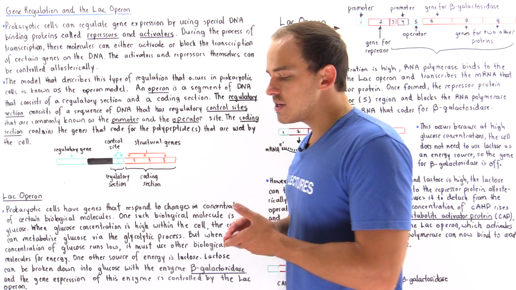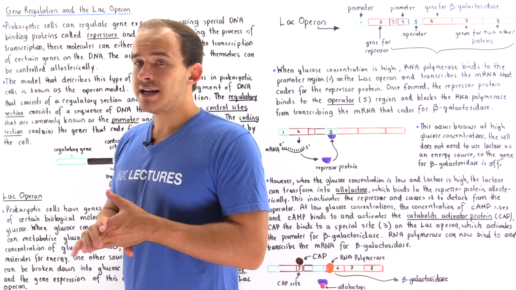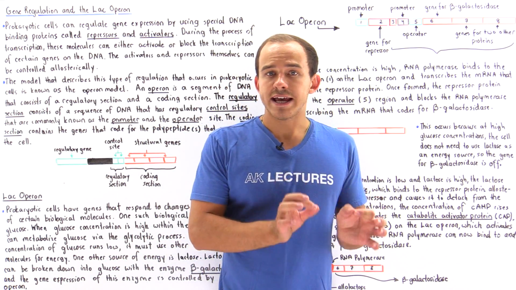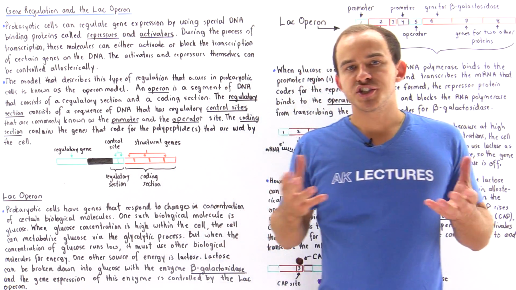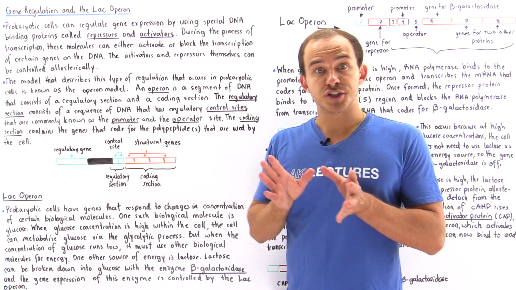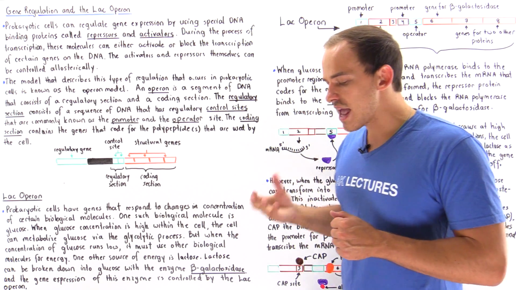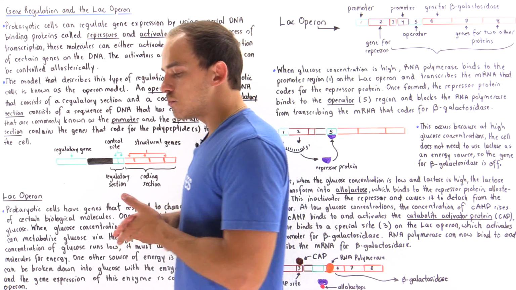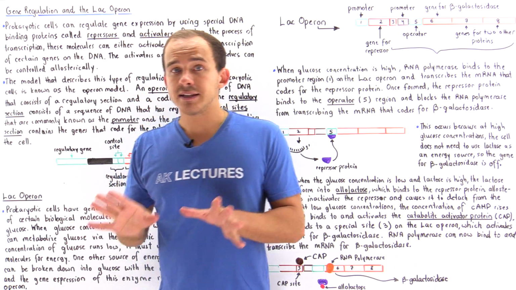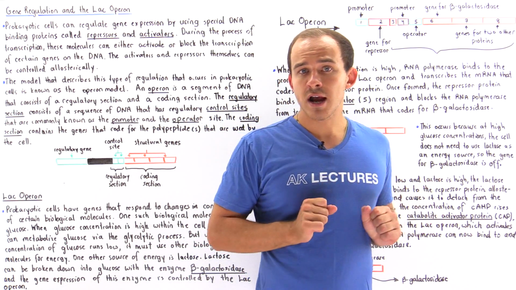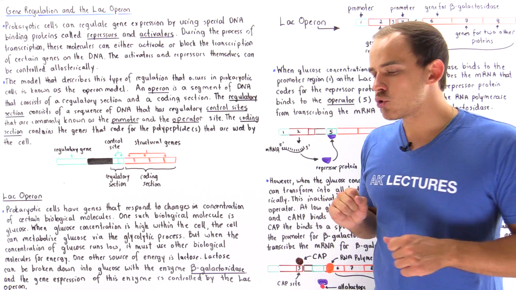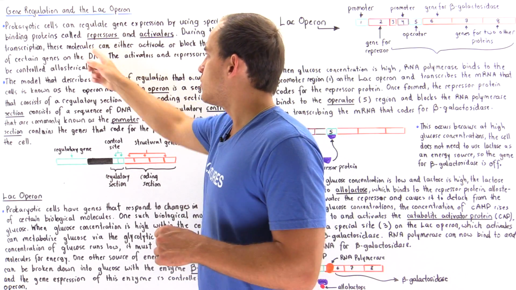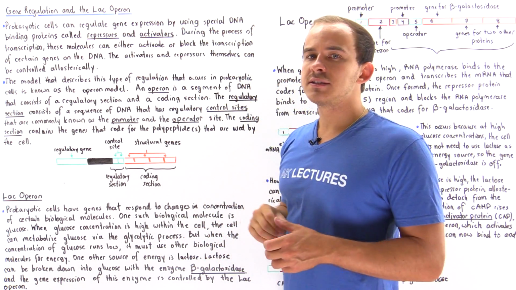Now, prokaryotic cells, such as bacterial cells, can regulate gene expression by using special types of proteins known as DNA-binding proteins. And DNA-binding proteins used by prokaryotes come in two categories. We have repressors and we have activators.